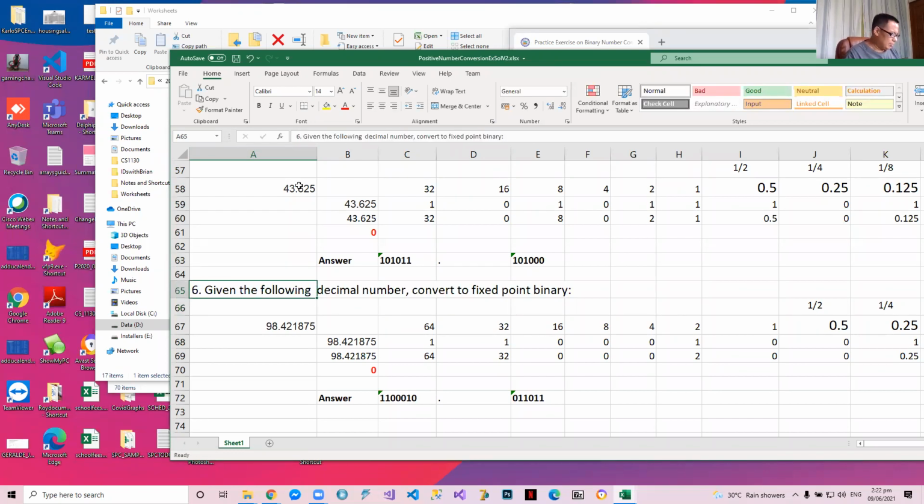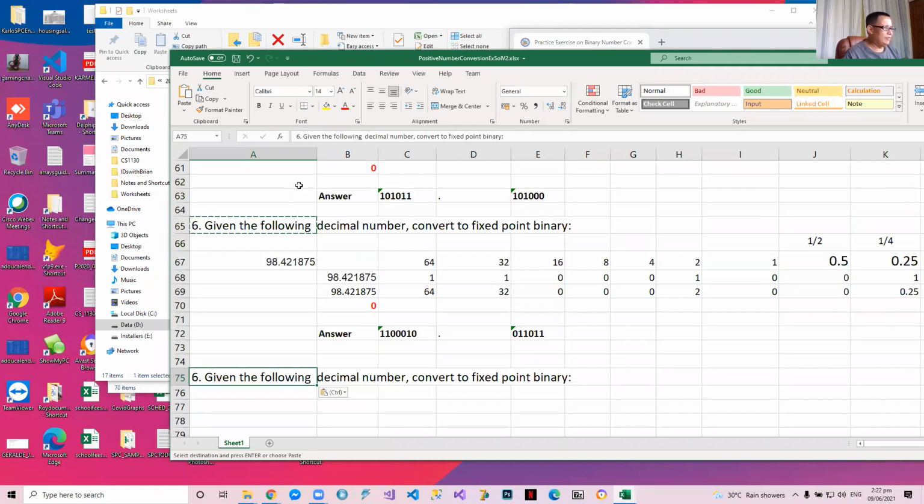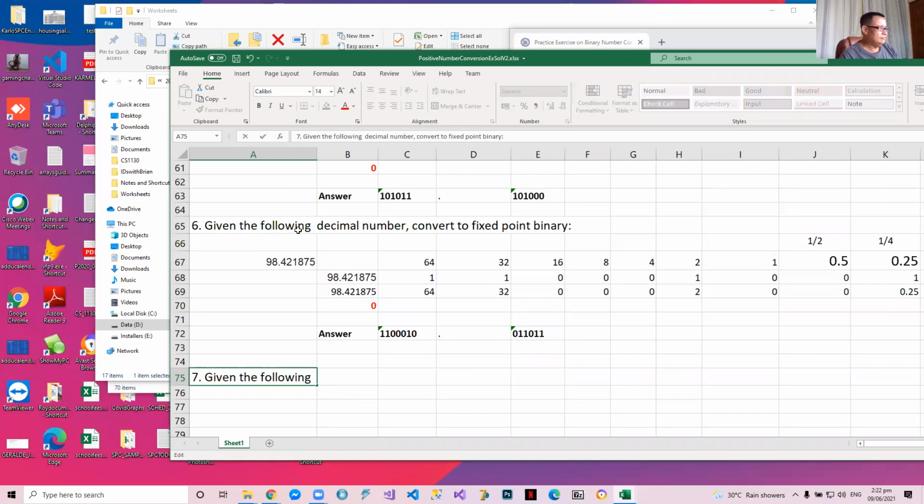This is easy, no? Number 7. Fixed point binary number. Convert to decimal.